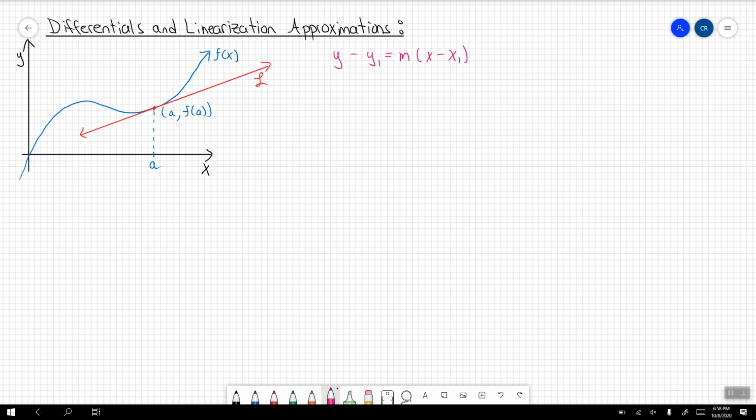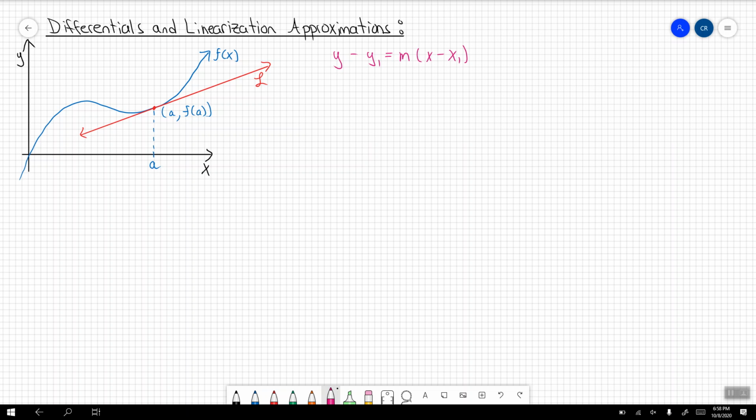Now, if we want to find the equation of that tangent line, then from the previous sections, we know that if we take the derivative of the function and evaluate it at the value of a, then naturally we're going to get the slope of the tangent line.